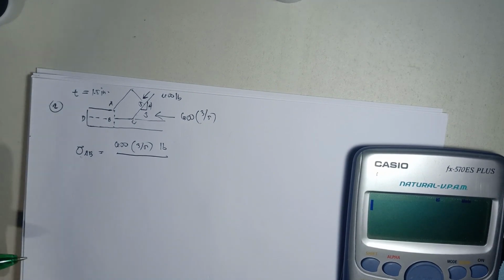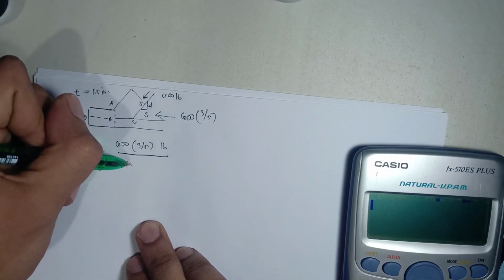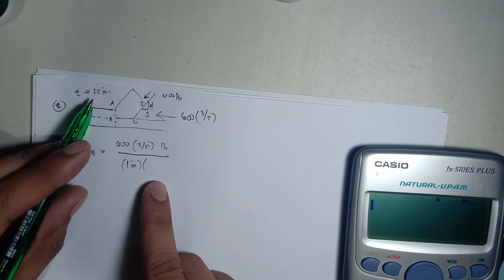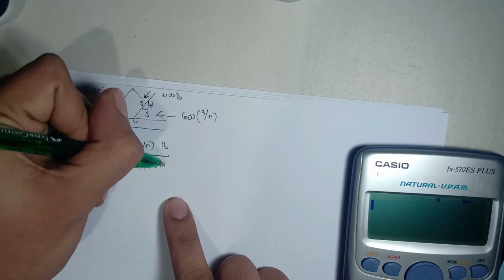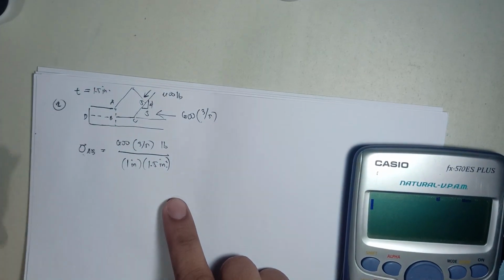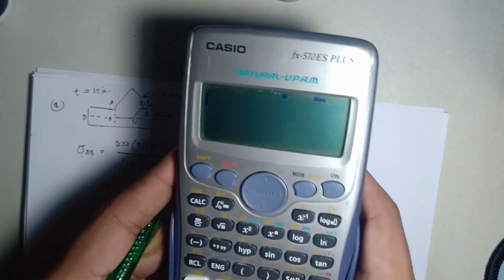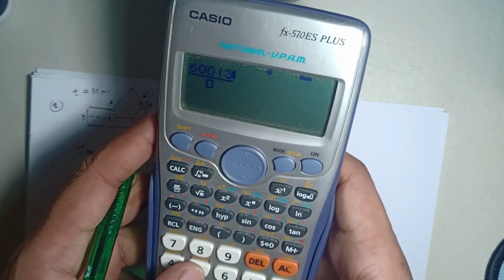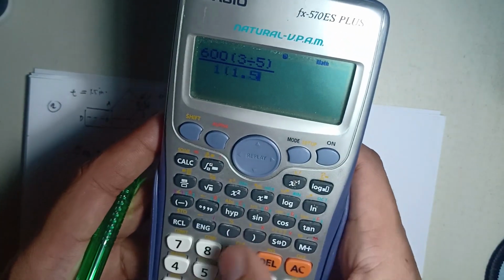Then, yung area sa AB is, yung length ng AB is 1 inch times yung thickness perpendicular to the paper is 1.5 inch para maging area. So, equal siya sa 600 times 3 over 5, all over 1 times 1.5.